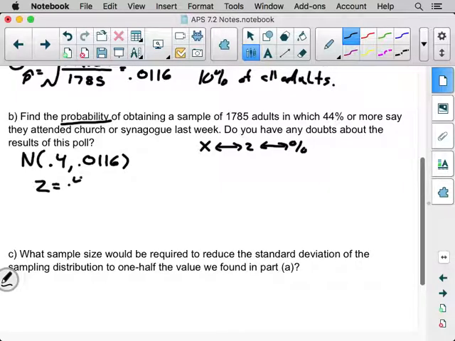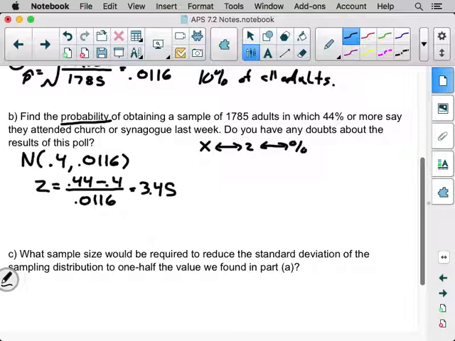The observation is going to be 44% minus the actual mean divided by that standard deviation, and that's going to give us 3.45.